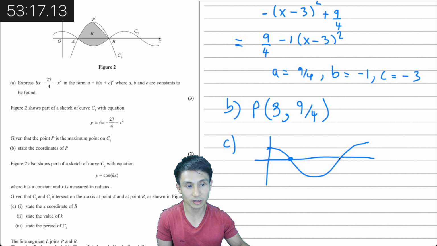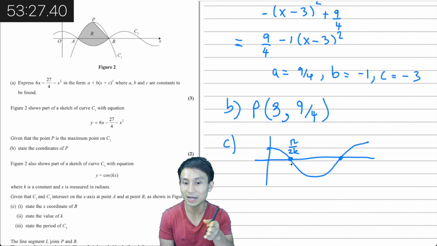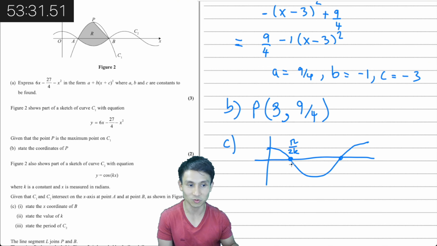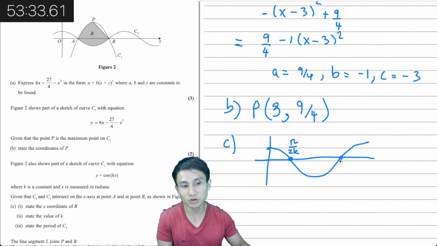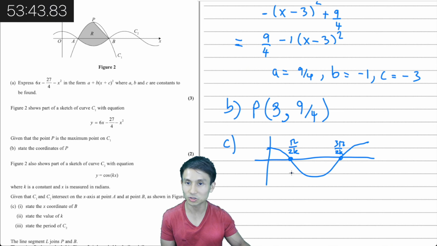This point, if it doesn't have a k there, would be pi over 2. But because there is a k, it's pi over 2k. When you have k multiplied by x like that, you divide the x-coordinate. And this would have been 3 pi over 2 if not for the k, so that would be 3 pi over 2k, for the first 2 points where it cuts the x-axis.